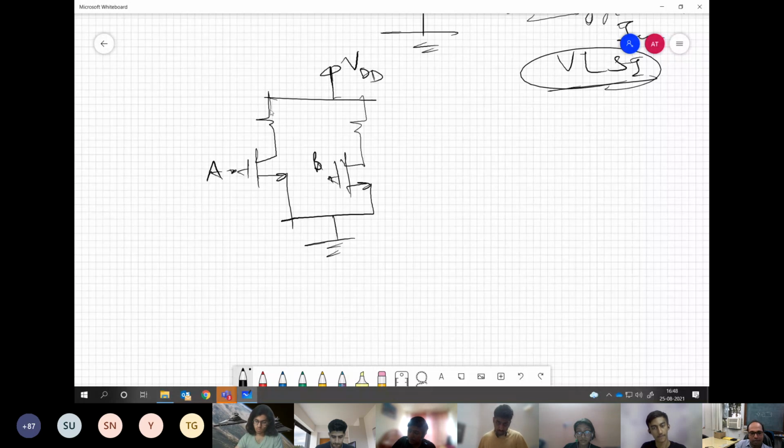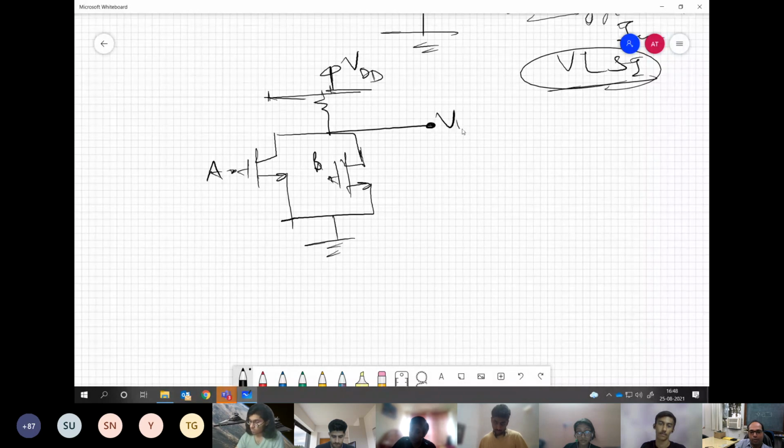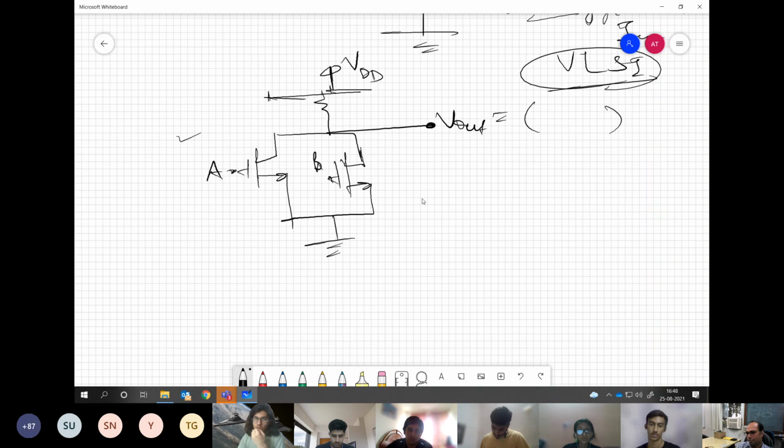Make one resistance, connect it together, and here you take the output. So what is this gate? Any guess? What will this circuit do? Quickly. This is very simple to do, right?